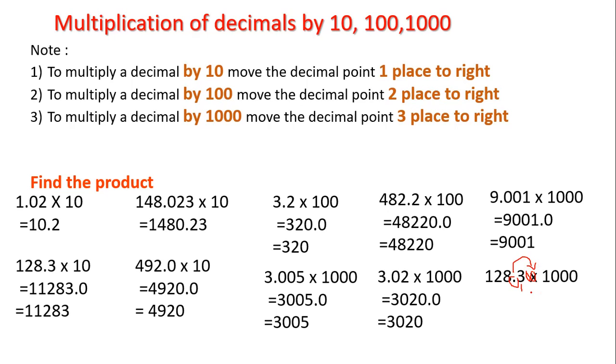After placing this decimal point 3 places to the right, the product will become 1,28,300.0. 0 doesn't have a value, so the answer will become 1,28,300. This way, these 3 points will help us to find the product of any given decimal numbers with 10, 100 and 1000.